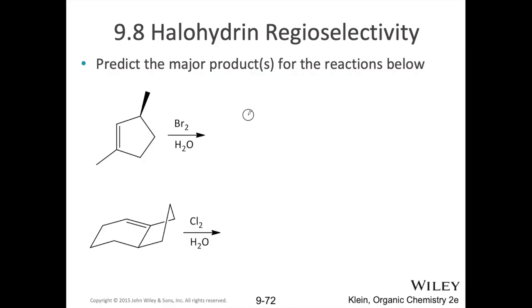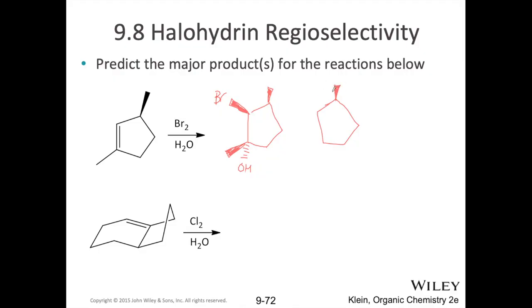So we know that our bromine is going to wind up on this carbon up here. So again, though, we've got to consider stereoselectivity. If this bromine is going to be pointing towards us, that means the alcohol group that adds on here is going to be pointing away from us, which means this methyl group is going to be pointing towards us. And of course, we can get the corresponding diastereomer.